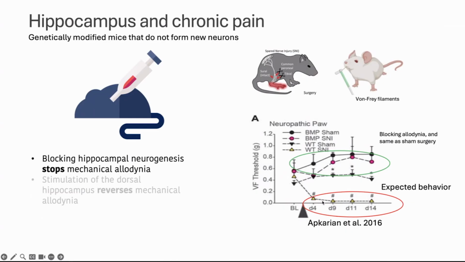So basically, they become very sensitive to pain. However, if you block neurogenesis, again, genetically, then you will see that these mice end up never developing mechanical allodynia. So by blocking the ability of the brain to form new memories, you are also able to block mechanical allodynia.